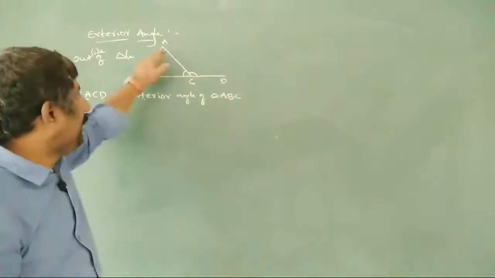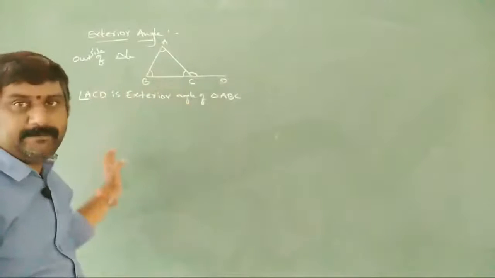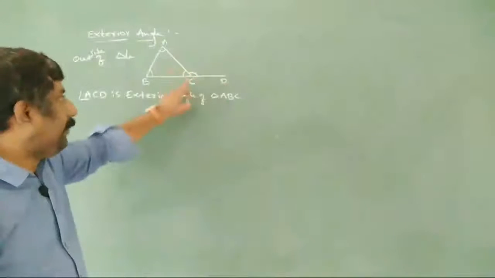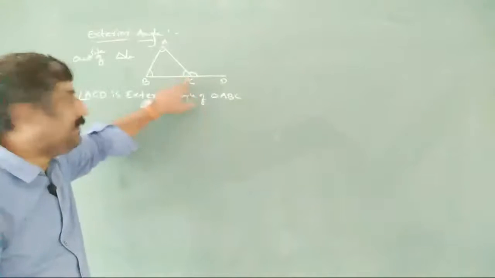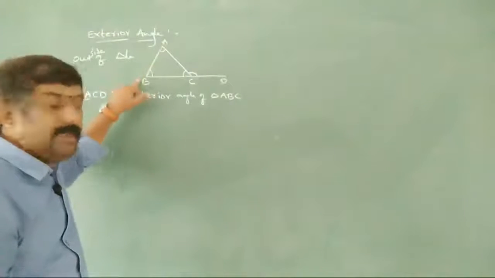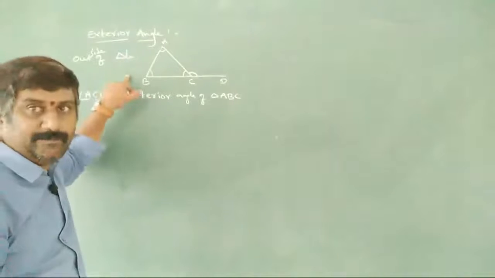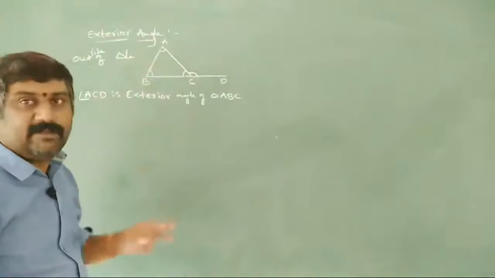Observe here, ACD is the exterior angle of triangle ABC. Now this is outside of the triangle and forming at C. Now two more vertices we have here, A as well as B. Can we have exterior angles at A and B also? Yes, we can. So number of vertices 3, we will get number of exterior angles also 3.